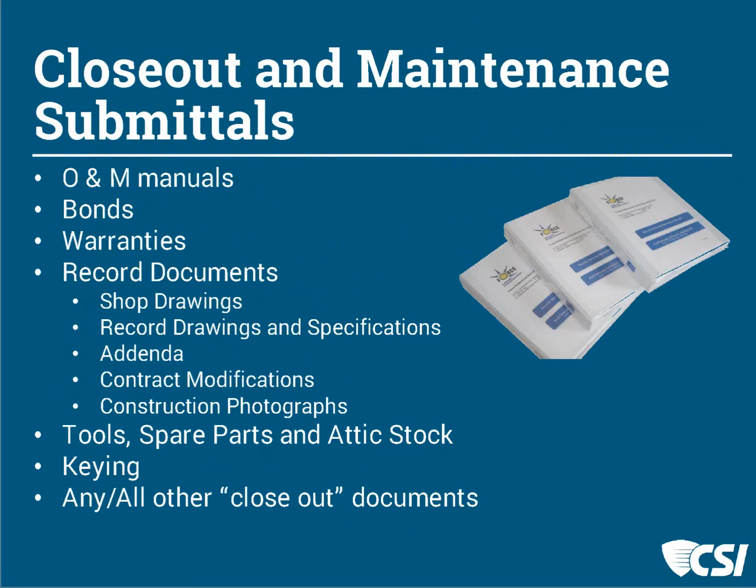So they may be important for an owner to use to relocate hidden items in the future for future additions or renovations. This closeout process would include particular tools that are needed to maintain the project, as well as the key and keying information. Typically, those are delivered straight to the owner with product data or any of the submittal about keys. And anything else that is a closeout document itself.